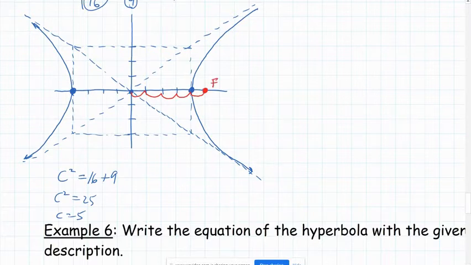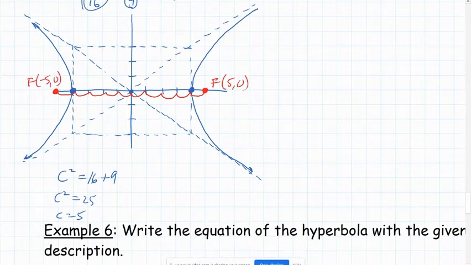There's our focal point at 5, 0. And then if we go 5 units in the other direction, 1, 2, 3, 4, 5, there's another focal point at negative 5, 0.